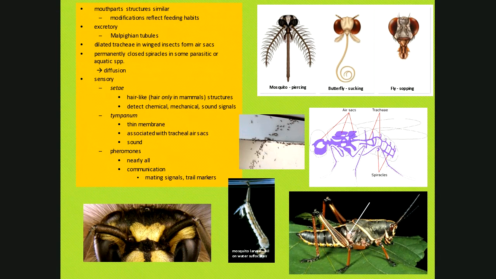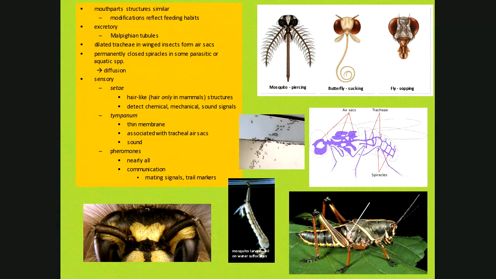And then our buddy the fly has a very interesting modification to its mouth part. When we're outside having lunch and a fly lands on your food and you quickly shoo it away, no big deal. But what you may not be aware of is that for the period of time it was walking around on your hamburger, it was actually regurgitating onto your hamburger, using that regurgitant, sort of like the fungi do with exoenzymes, to start the digestive process of your hamburger, and then they sop it up.